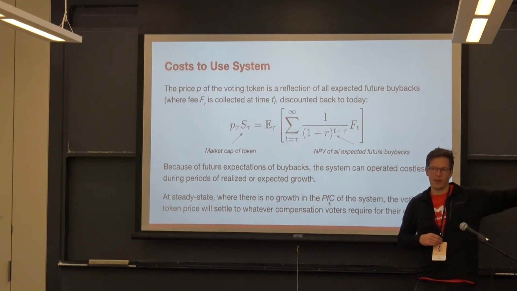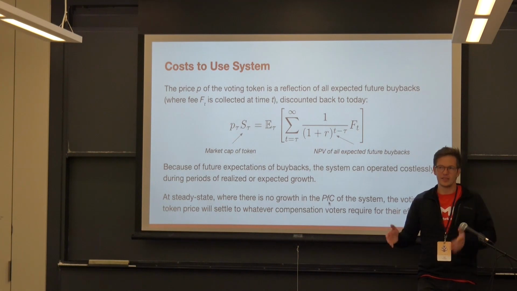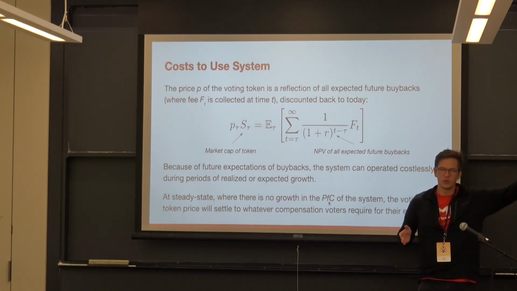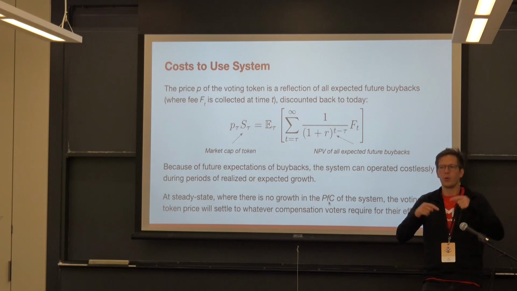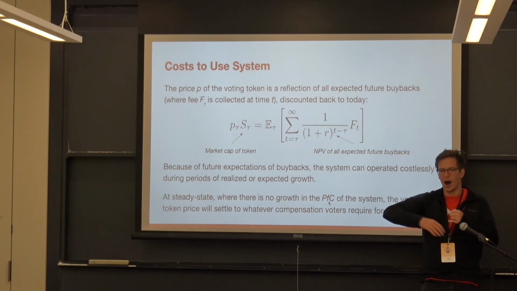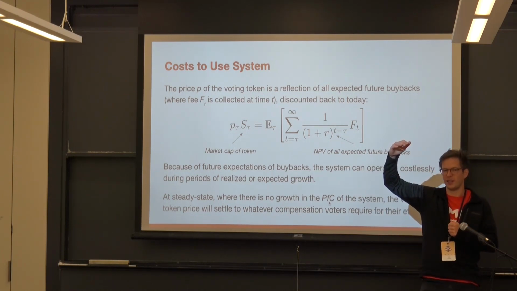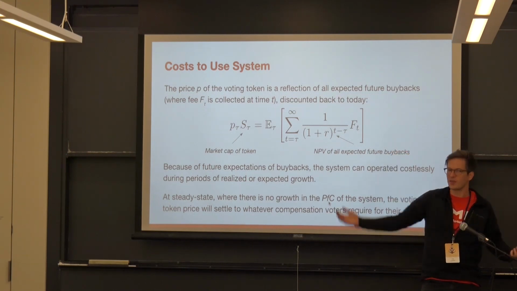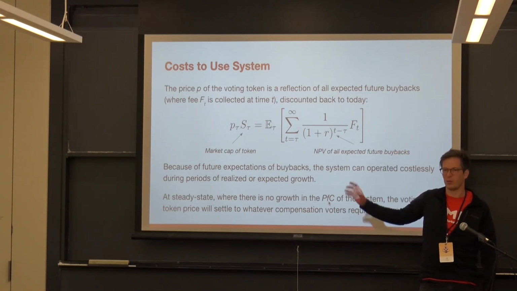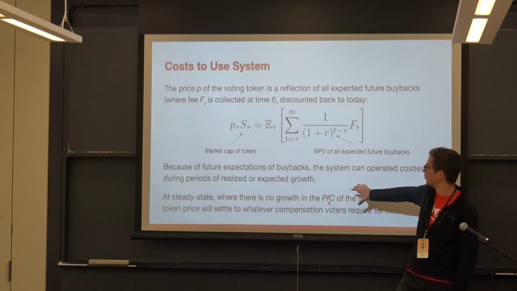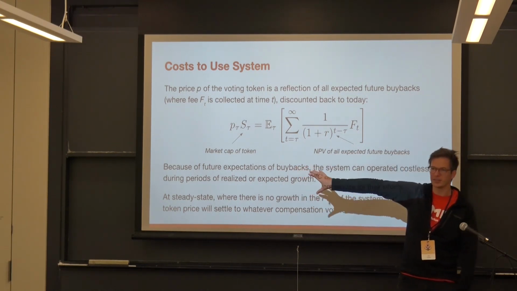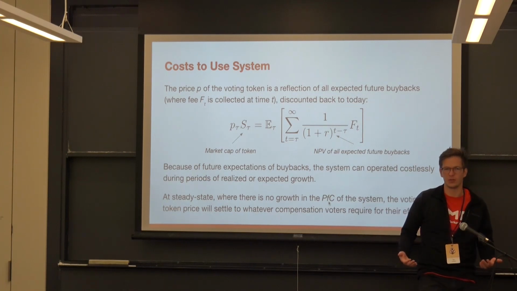In the early days of the system, when growth in use of the oracle is expected, the market will put the price above the floor, above where it should be. Which means that as long as there's an expectation of growth, it's costless to use this oracle. We think that's kind of cool and kind of wild: we're able to use the expectation of future buybacks to subsidize the cost of using the oracle system in its early days.